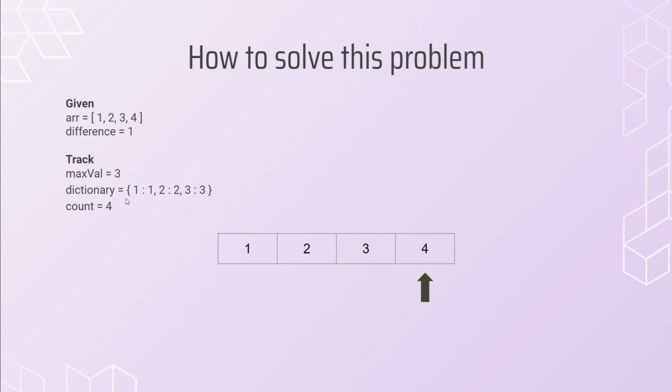Once we're done with that, we add this count value inside of our dictionary with the current value we're looking at as the key, so key 4, and 4 being the value again. Then we compare the max value with the value in the dictionary, and we notice that 4 is larger, so our max value becomes 4. And that's it. We return the max value since there's nothing else we're looking at in this array, and so we output 4. Seems pretty easy. Let's go into the coding part of this problem.